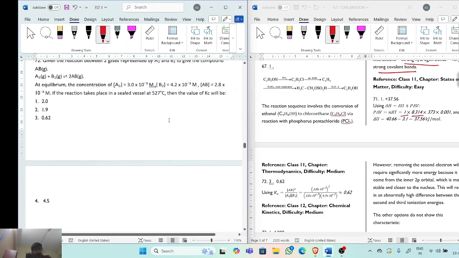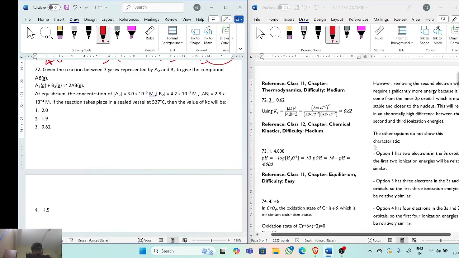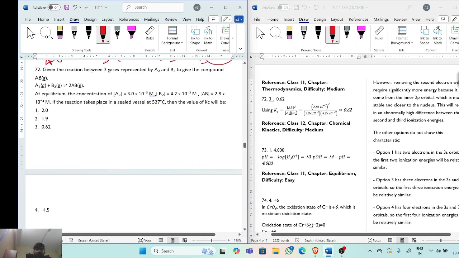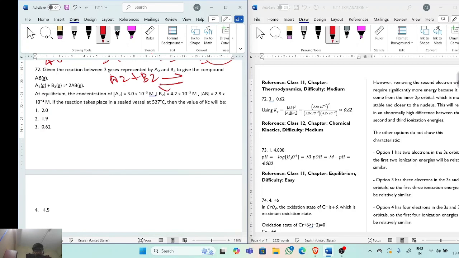Now question number 72. Given the reaction between two gases represented by A2 and B2 to give the compound AB. So this is the reaction which is A2 plus B2 gas is giving AB gas. At equilibrium, the concentration of A2 is 3 into 10 raised to the power of minus 3 molar.